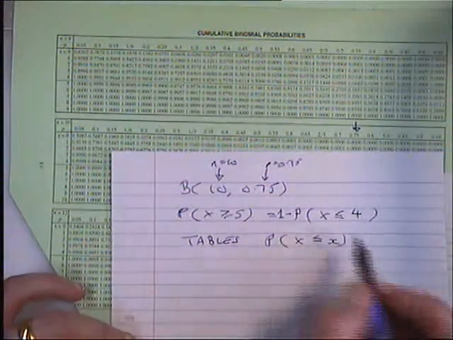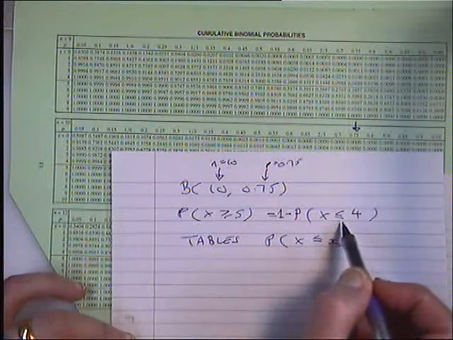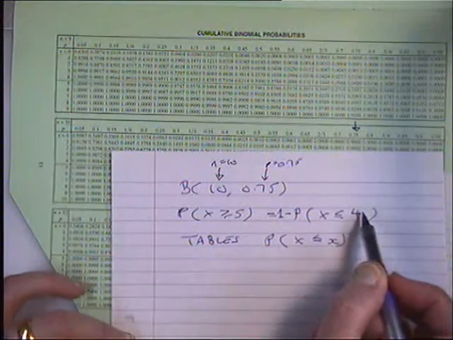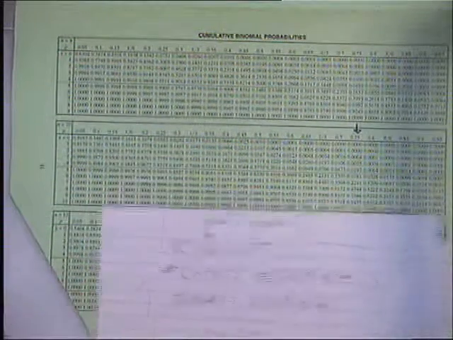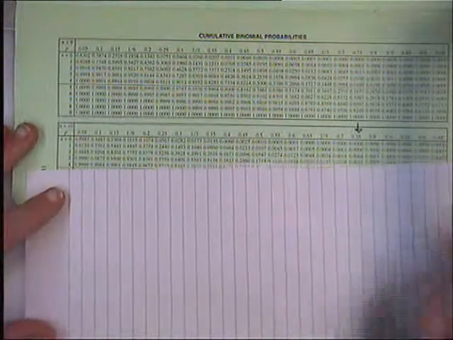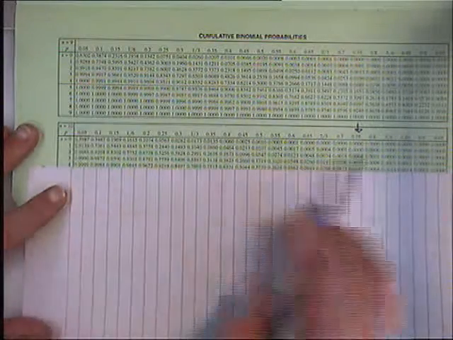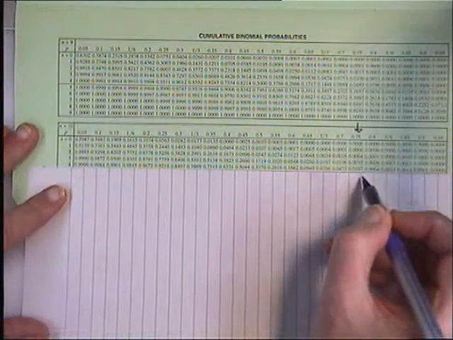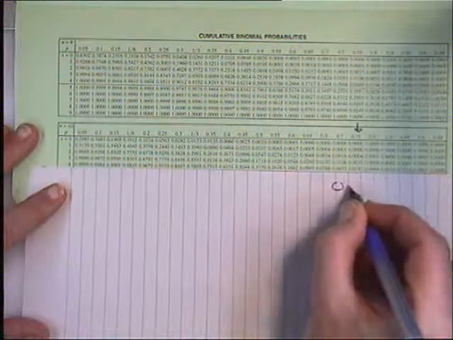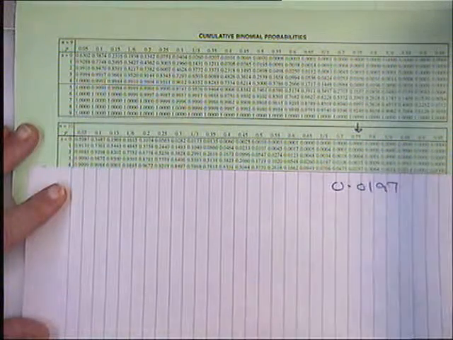So if I look in the tables for the row that corresponds to 4, what I'm going to do now is line my bit of paper up with the 4 row. In the n is 10 tables, the p is 0.75, that number there is 0.0197.